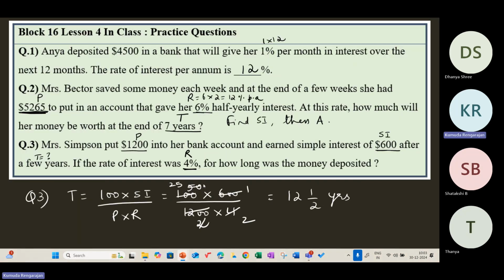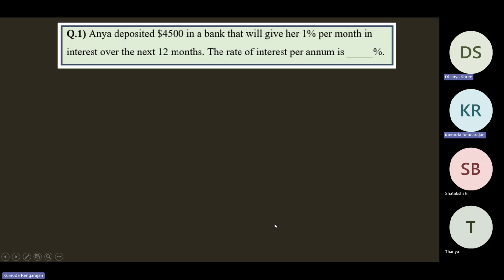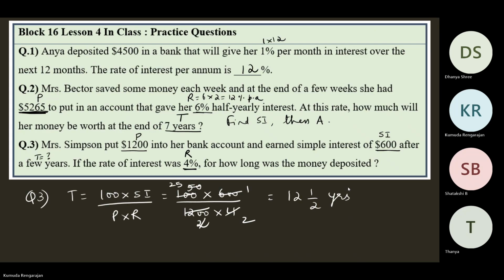See, so much of simple interest may not be there for you, but this is very important. In the long run, when you come to standard 10, it will not be a direct question on simple interest or compound interest, but a question where you'll have to use this in some corner.